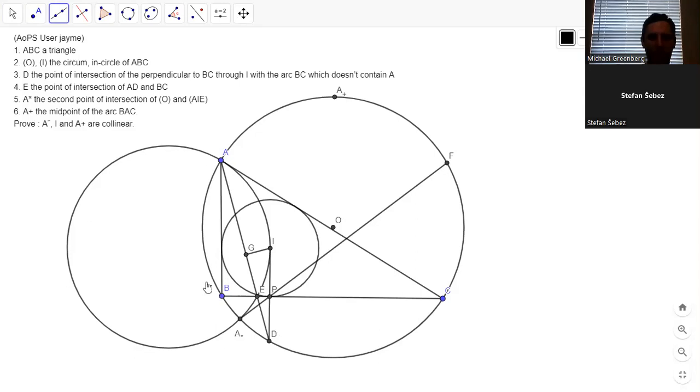So yeah, we want to show this is cyclic. So we want to show this is a right angle.